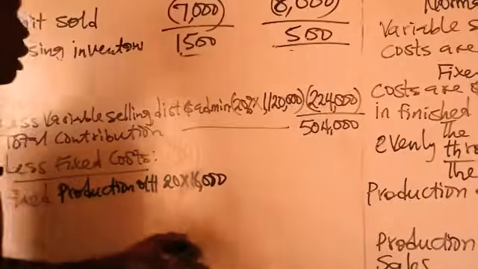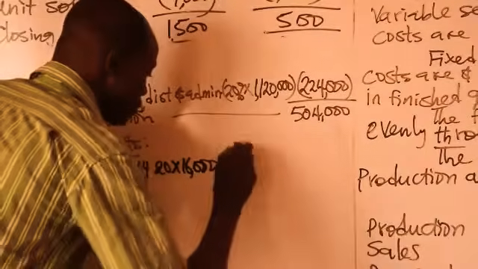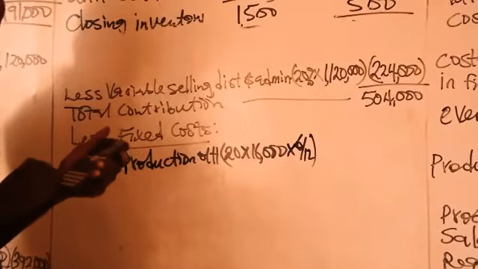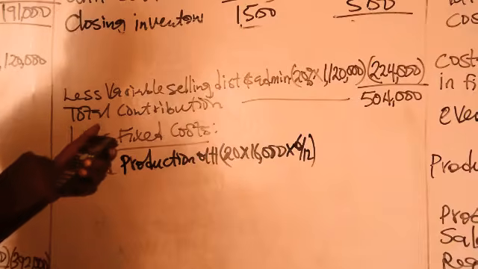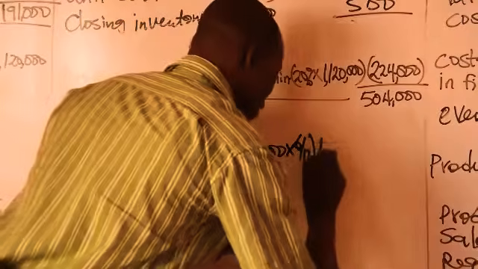Since your profit statement is for 6 months, you apply time apportionment: 20 times 16,000 times 6/12, and that will give us 160,000.